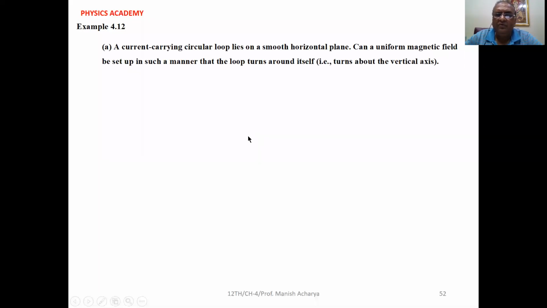Now example 4.12. Question A. A current carrying circular loop lies on a smooth horizontal plane. Can a uniform magnetic field be set up in such a manner that the loop turns around itself?